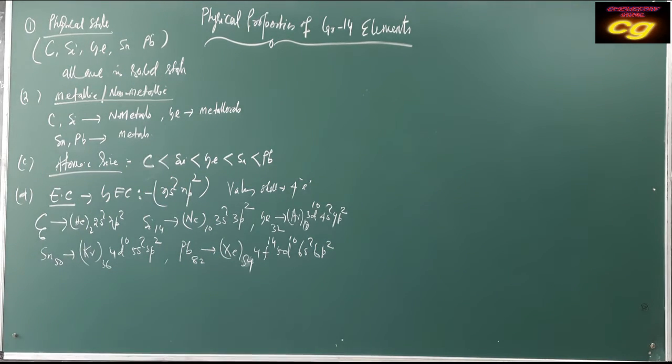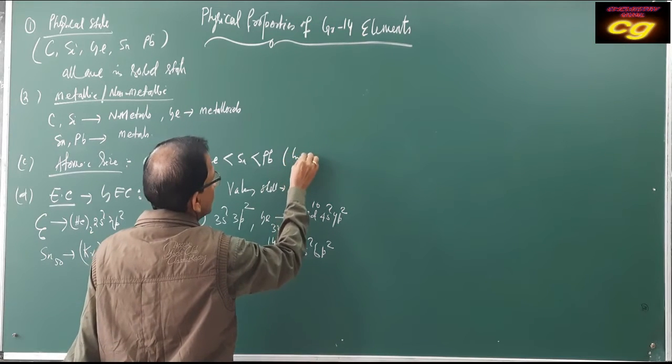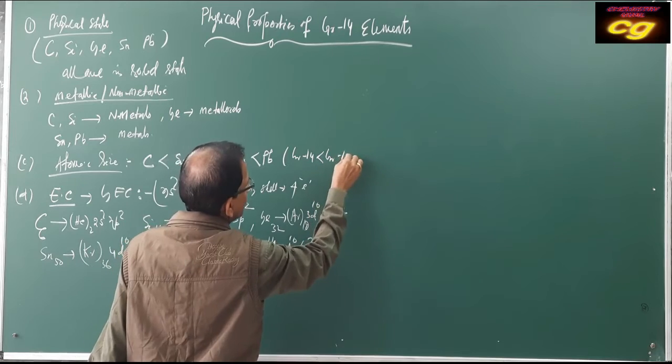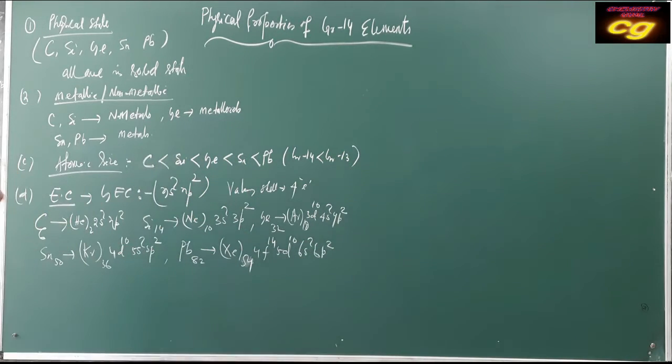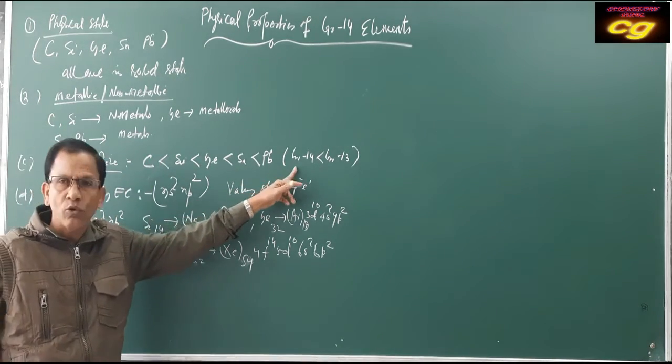But one thing I forgot to tell here: if you compare atomic size, group 14 is smaller in size than group 13. Size is smaller due to more effective nuclear charge. The effective nuclear charge in group 14 is more than in group 13.